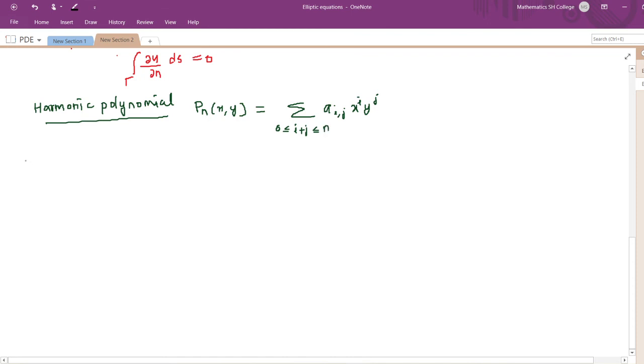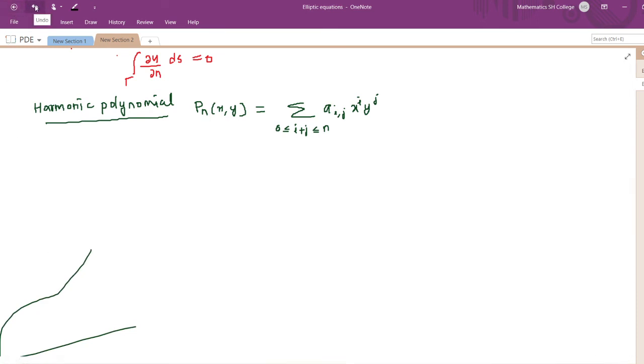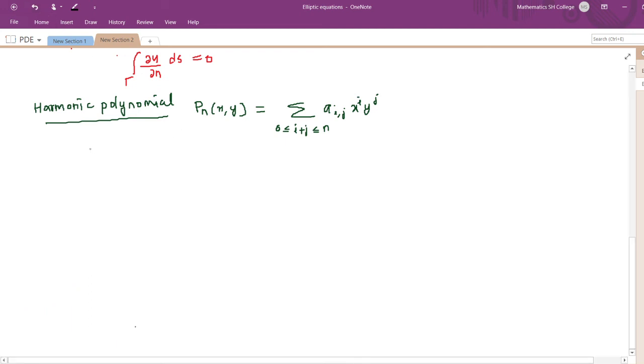So a harmonic polynomial of degree n is a harmonic function of this form. For example, x − y has degree 1, so it is a harmonic polynomial of degree 1.